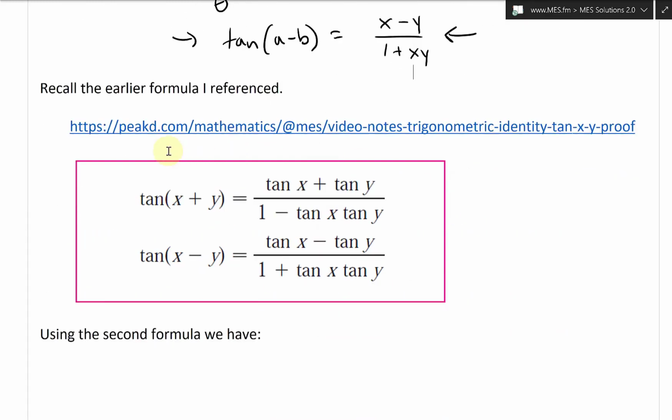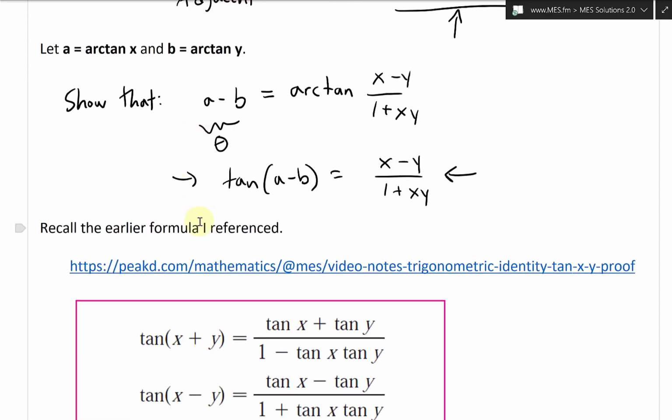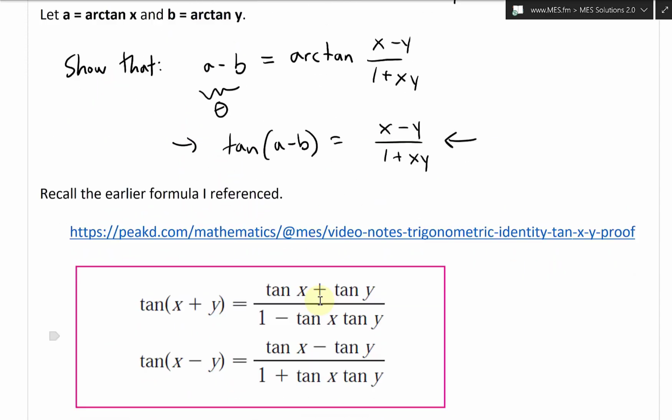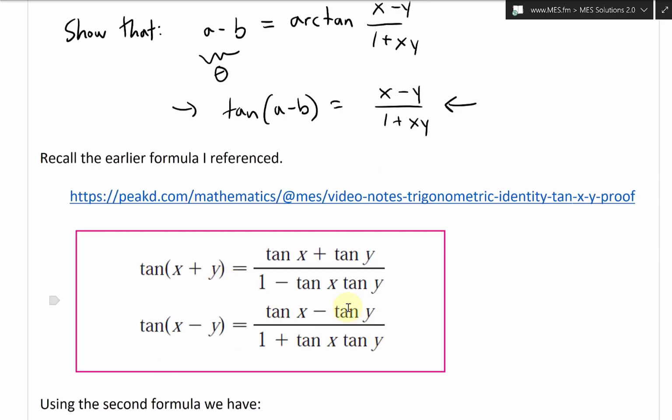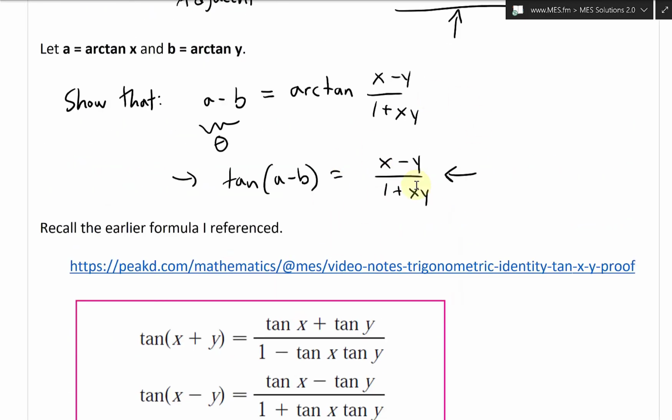Alright, so now continuing further, recall the earlier formula I referenced above in the other question. Take a look right here. We had tan(x plus y) equal to this, and tan(x minus y) equal to tan x minus tan y, divided by 1 plus tan x tan y. We're going to use this identity and try to prove that it's equal to (x minus y) over (1 plus xy).